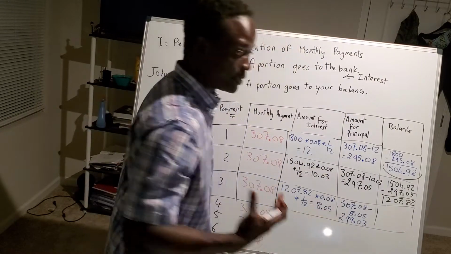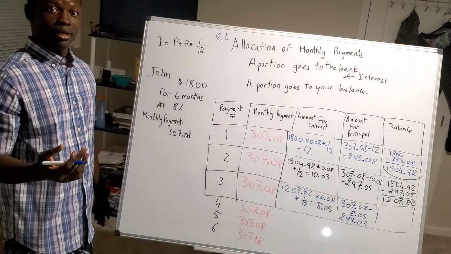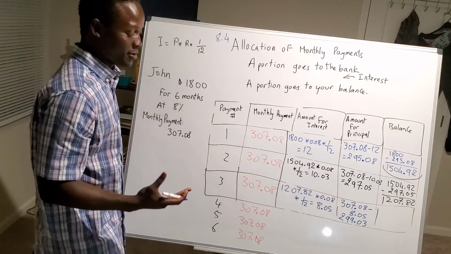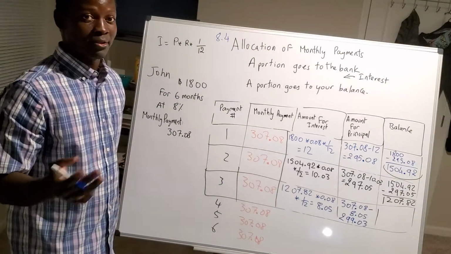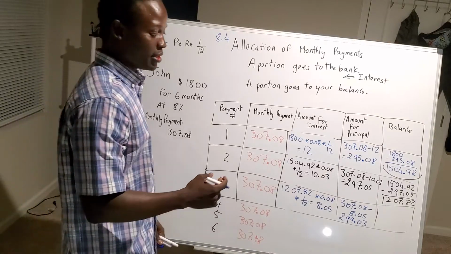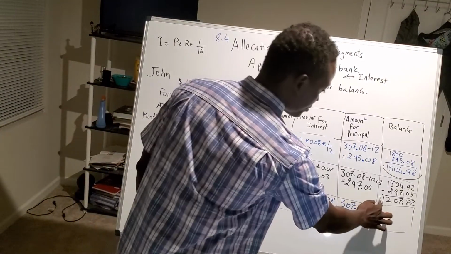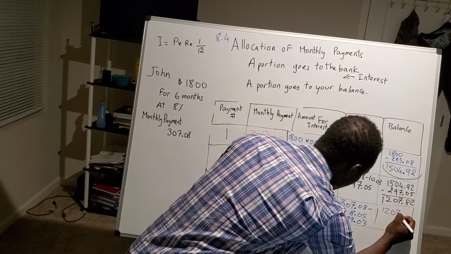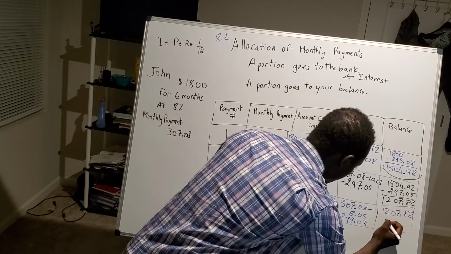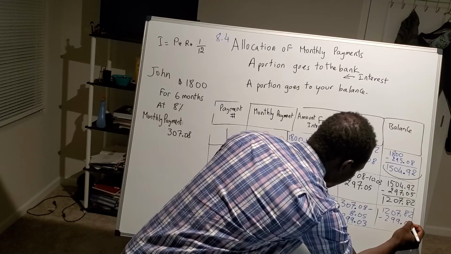Now this is my balance, right? I'm sorry, no. This is actually the amount that's going to affect my principal, right? So again, I take my balance, right? My balance is the previous amount, 1207.82 minus 299.03.